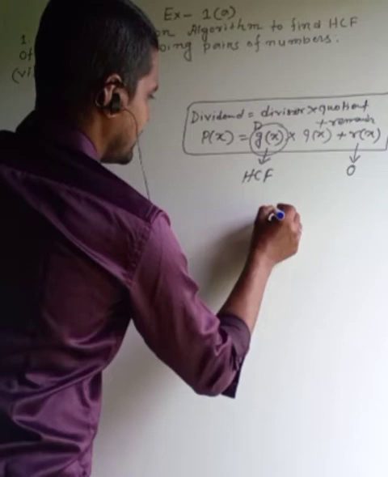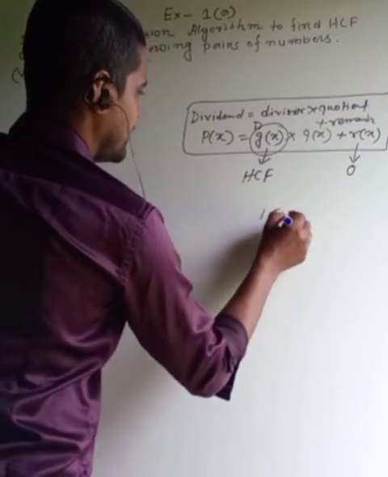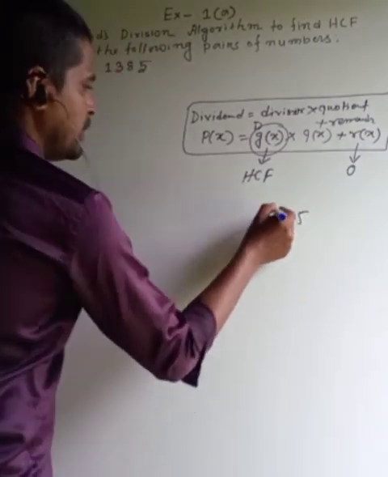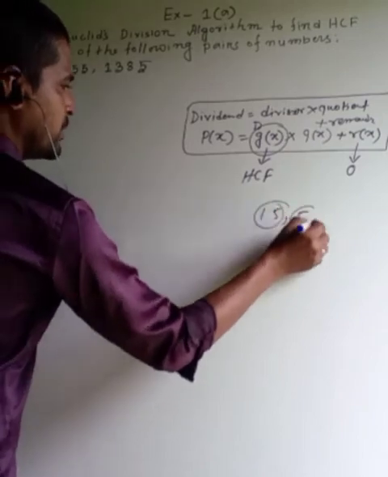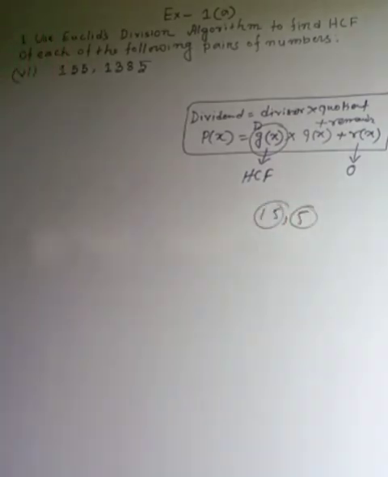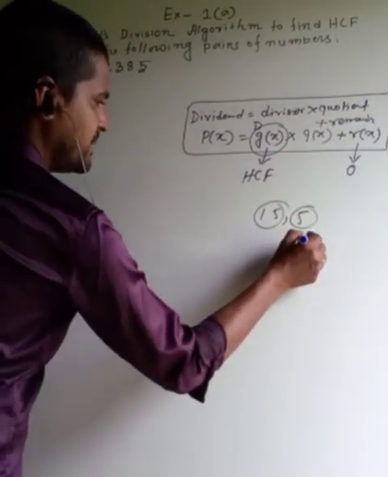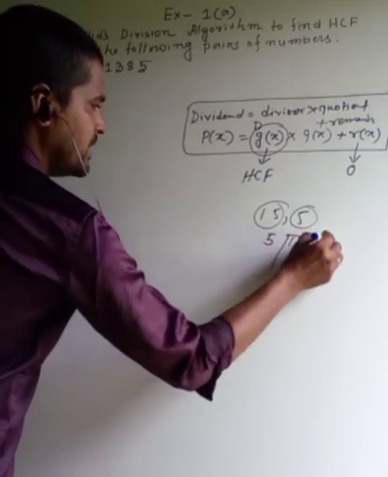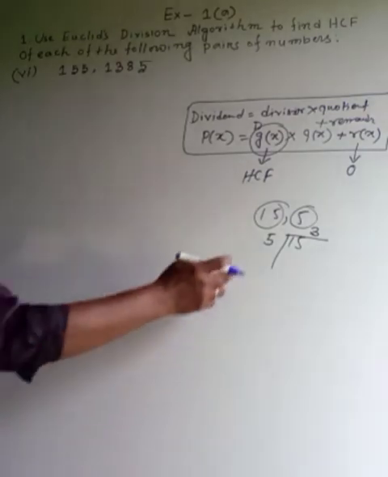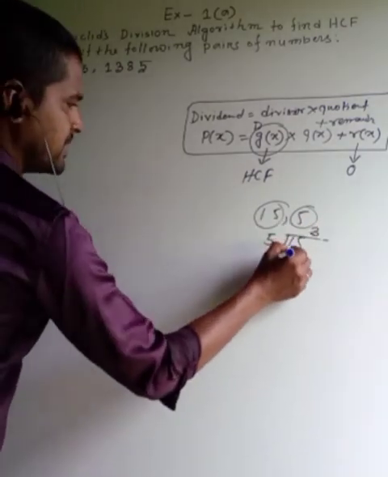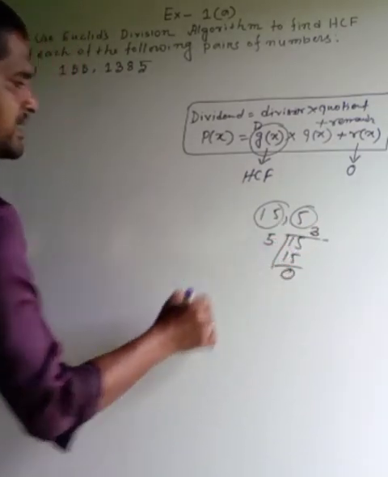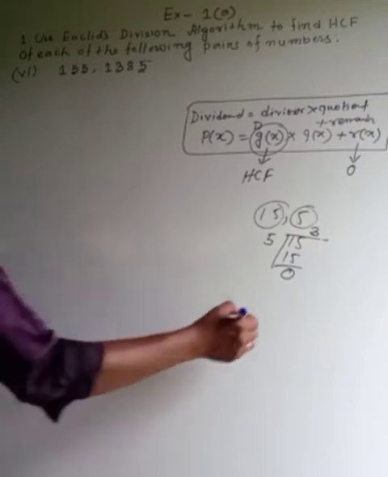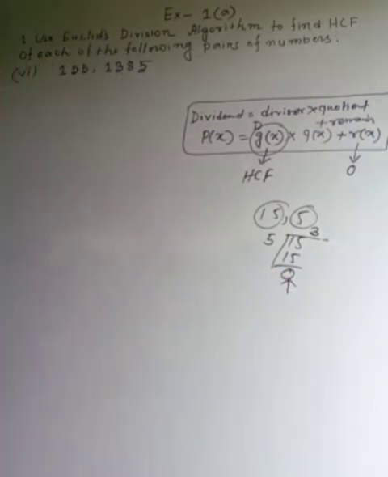Suppose you consider 15 and 5. First of all, we have to see which one is the bigger number. This 15 is the bigger number, that's why we have to divide 15 by 5. So you will get 5 threes are 15, remainder 0. It means you got the remainder 0.